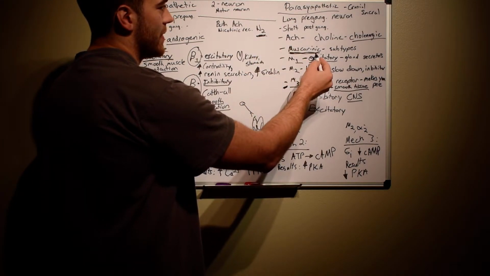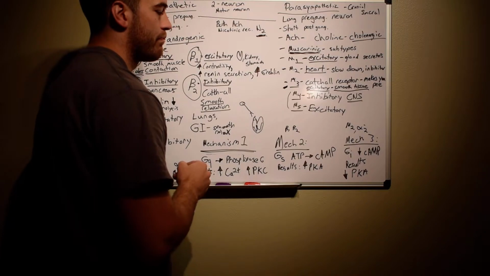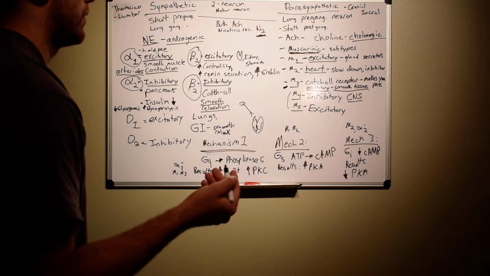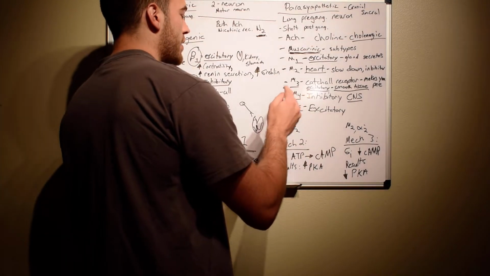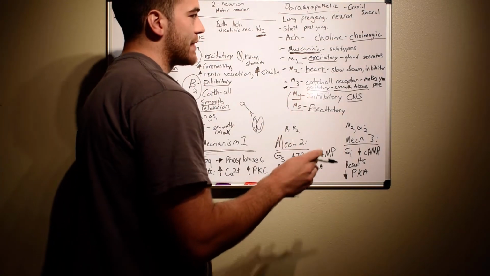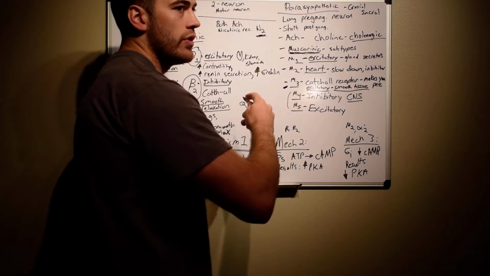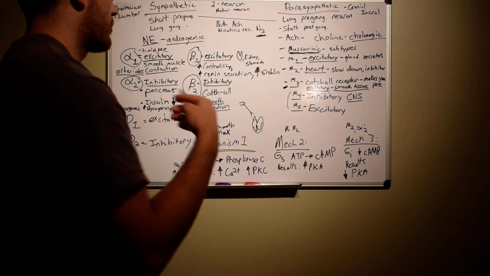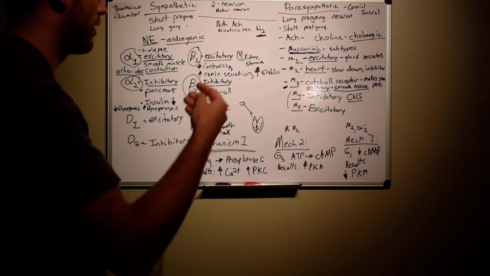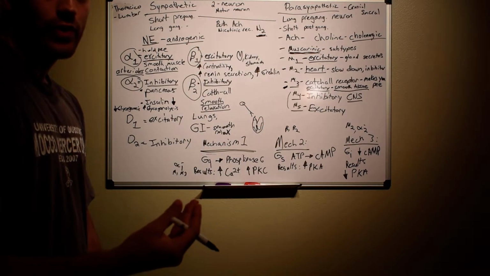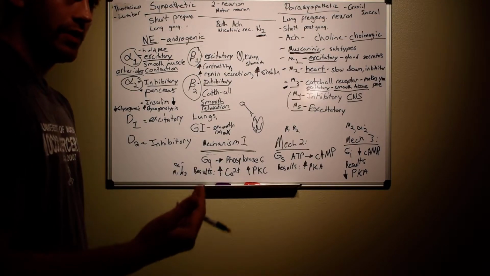These got named such because they were found to be stimulated by muscarine, which is from a mushroom, okay? So there's multiple different types of muscarinic receptors, just like there's two different types of nicotinic: N2, which was our postganglionic receptor, and N1, which is our somatic motor end plate receptor.